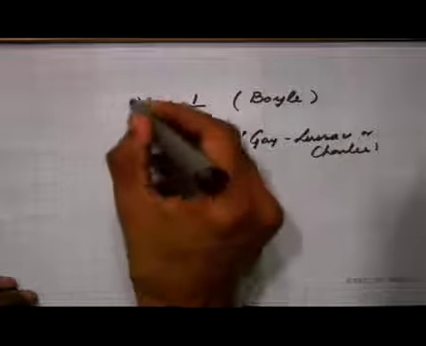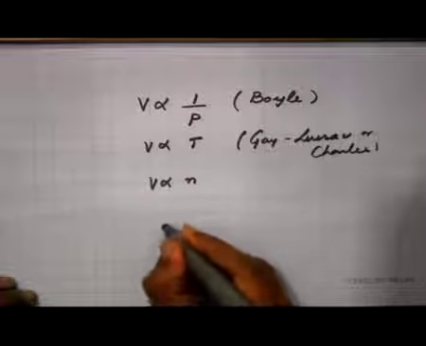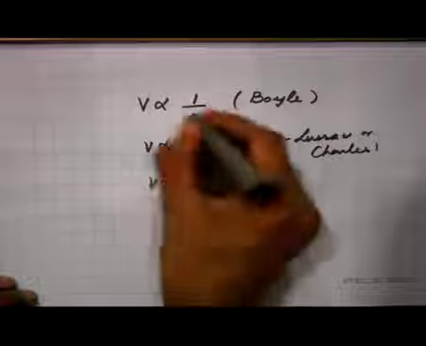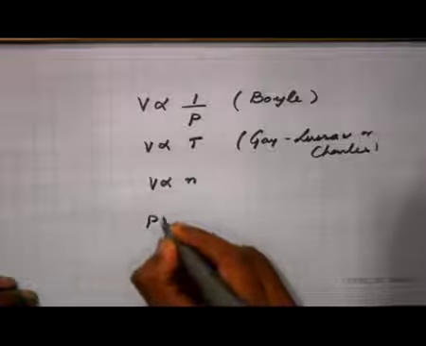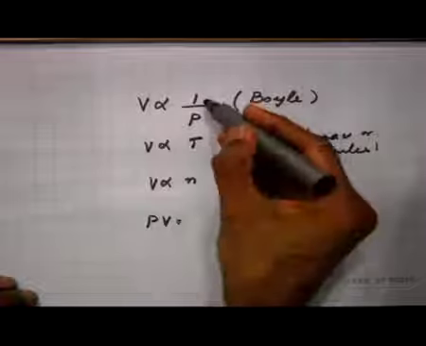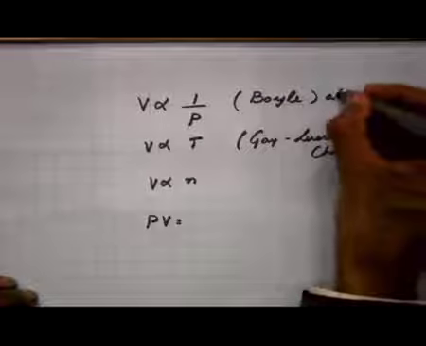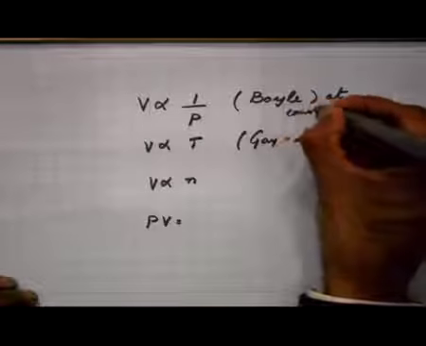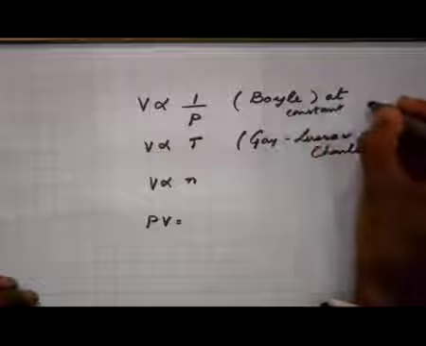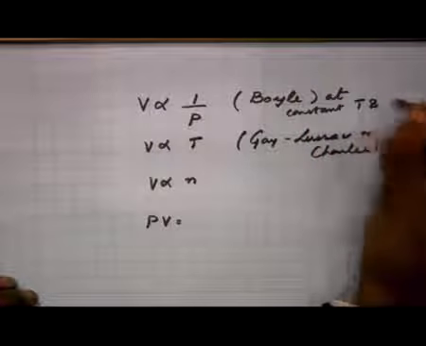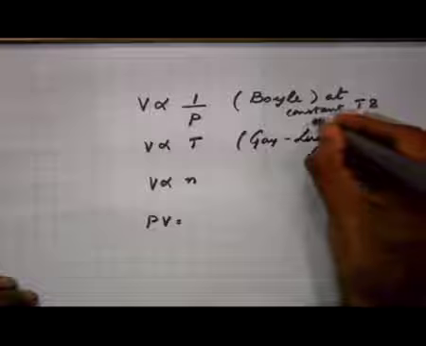Now, you put these three things together and from here you get PV equal to a constant, at constant T and number of molecules.